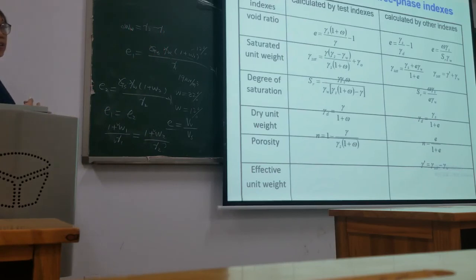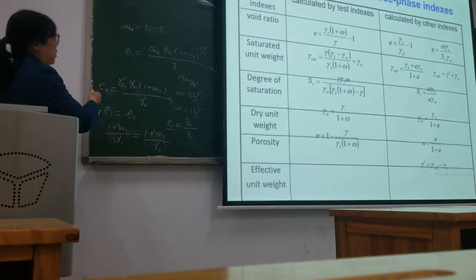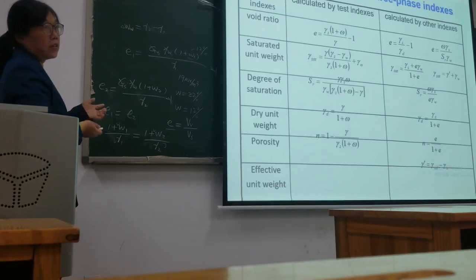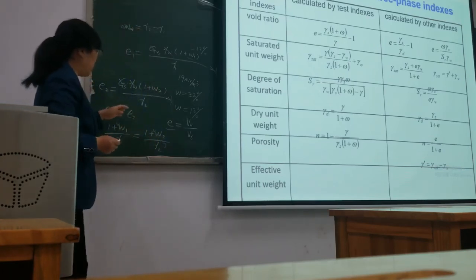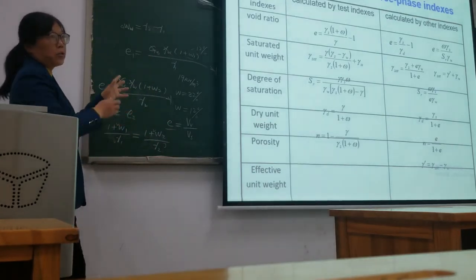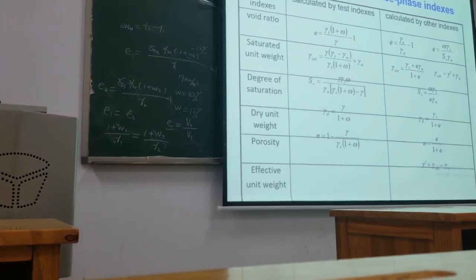Is that right? Yes. Okay. When the mass of soil grain is constant, the decrease of the unit weight is due to the increased water mass.